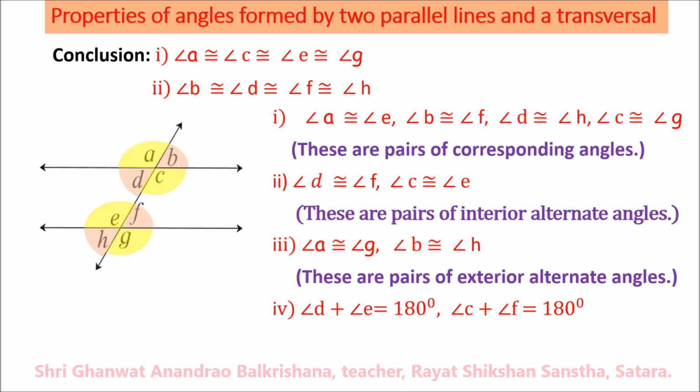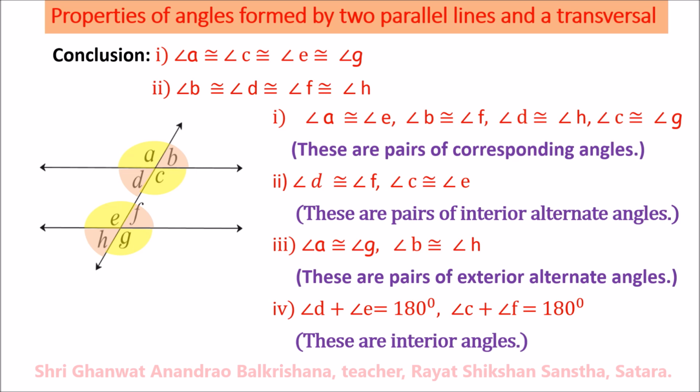Since part first and part second in the figure are forming a pair of linear angles, we can say that angle D plus angle E, which are interior angles, is equal to 180 degrees, and angle C plus angle F is equal to 180 degrees.